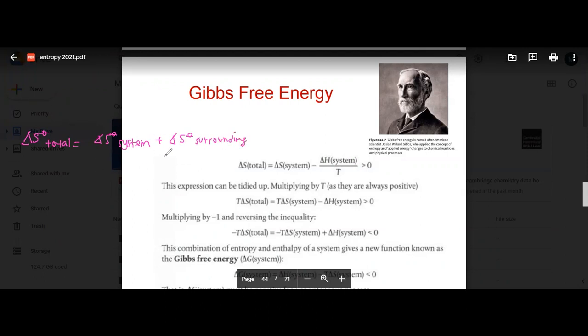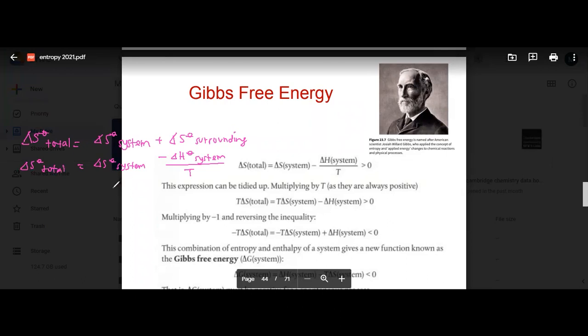You already know as well that delta S surrounding can be calculated by the negative of delta H system over T. So this is the formula that we have learned.